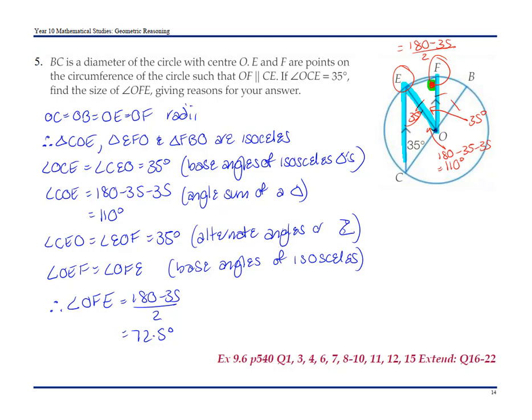From there, angle CEO equals angle EOF, which is 35 degrees because they're alternate angles, or my Z rule. So angle OEF has to equal angle OFE because they're base angles of an isosceles triangle. I should write triangle there. Therefore, angle OFE has to be 180 minus the 35 divided by 2 because it's a base angle in an isosceles triangle. So it's 72.5 degrees. And we're done.